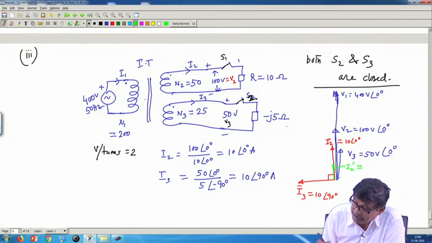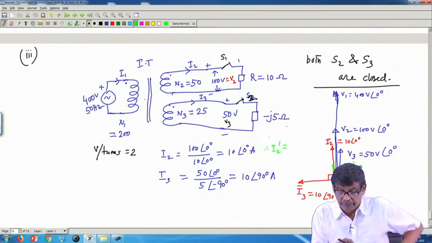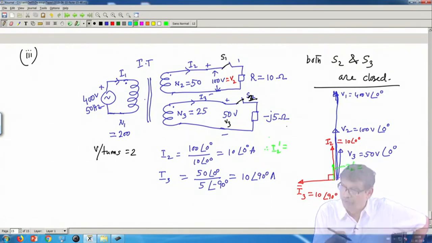I 2 dashed is equal to I 2 by A. How much is A for this? 200 by 80, oh no, 10 by 4. So, 10 by 4 angle 0 degree is equal to 2.5 ampere. So, I 2 dashed is 2.5 angle 0 degree.